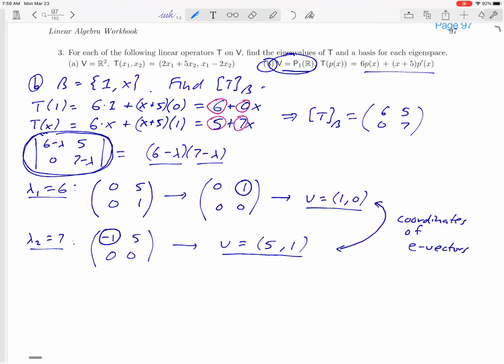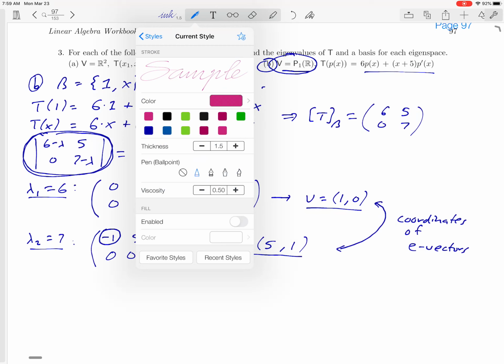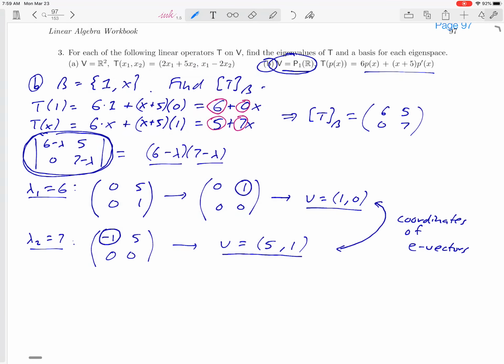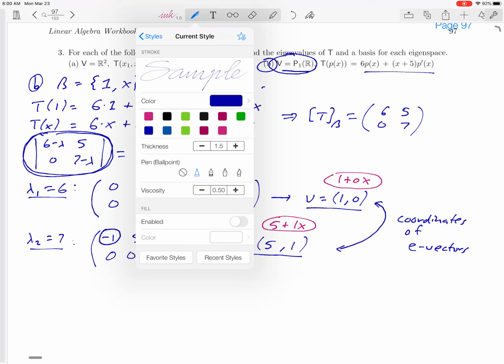Since our basis was simple, it's not too difficult to see the correspondence here. 1, 0, for example, is just going to correspond to the polynomial 1 plus 0x. And 5, 1 is going to correspond to the polynomial 5 plus 1x. So it's those two red things that we're circling.